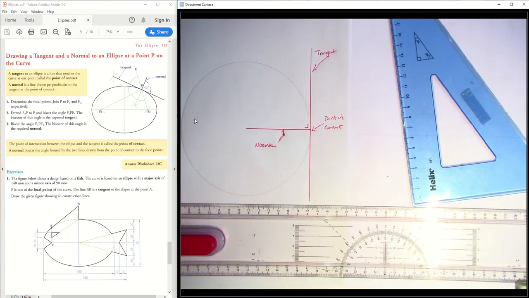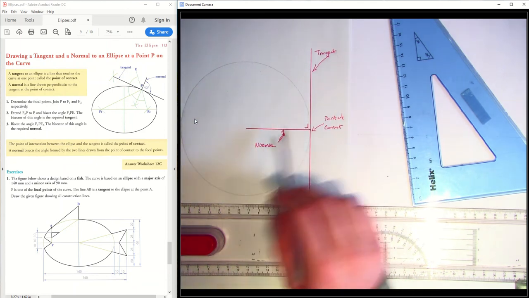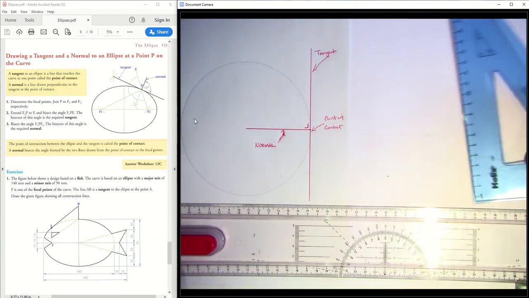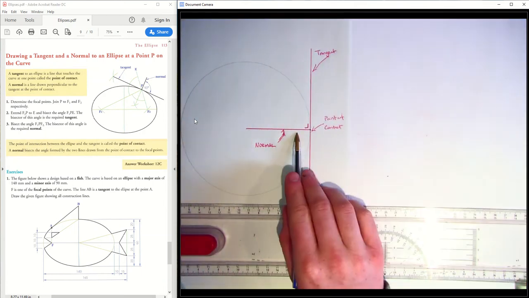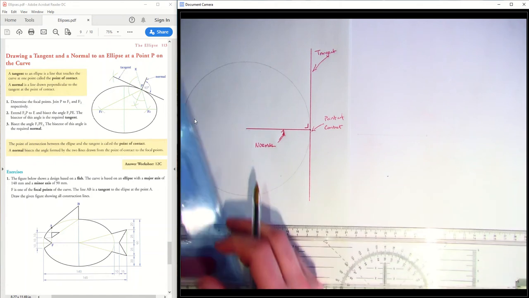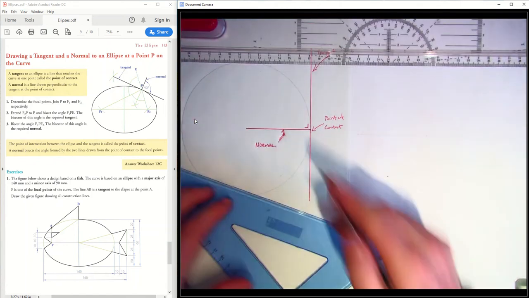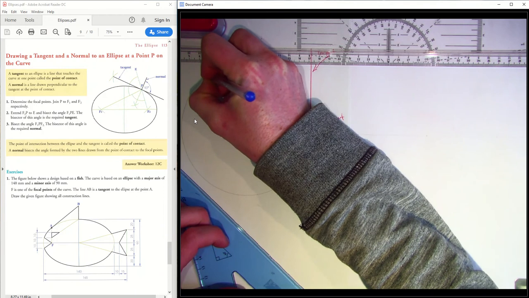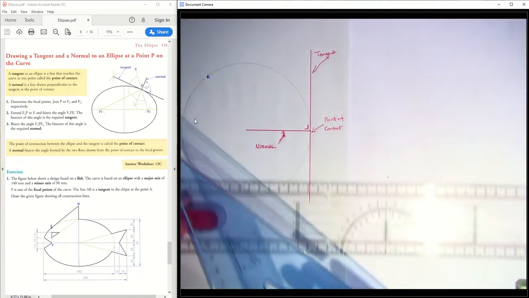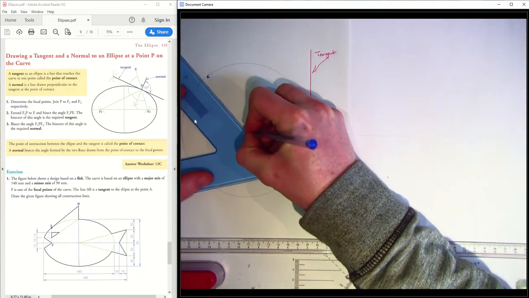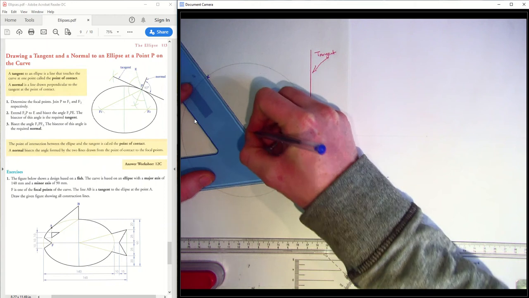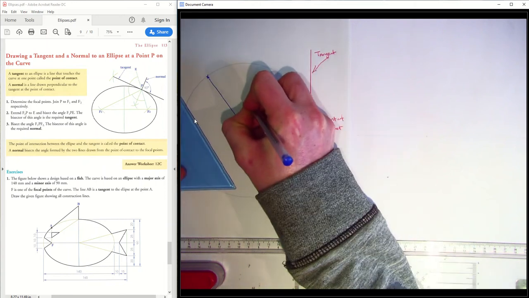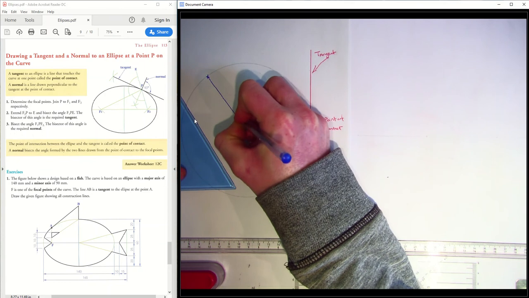So if I want to find, for this particular circle, a tangent at any point, I know that the normal is 90 degrees to the tangent. So for example, if I want to draw a tangent from this point here on my circle, I'm going to join the center point to that point. So now I know that this here is my normal.